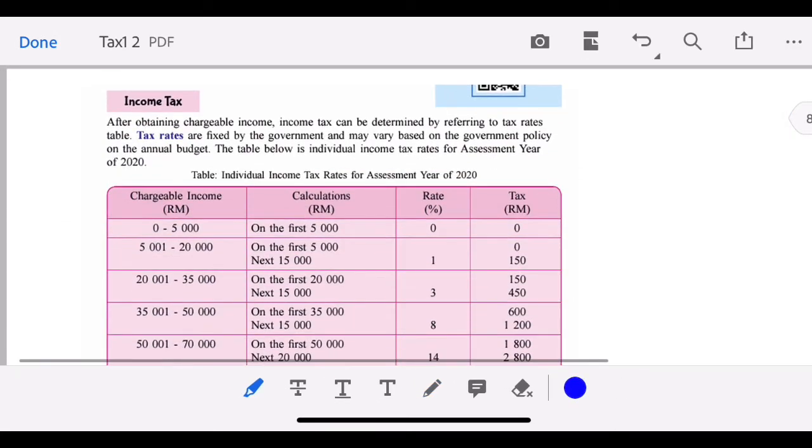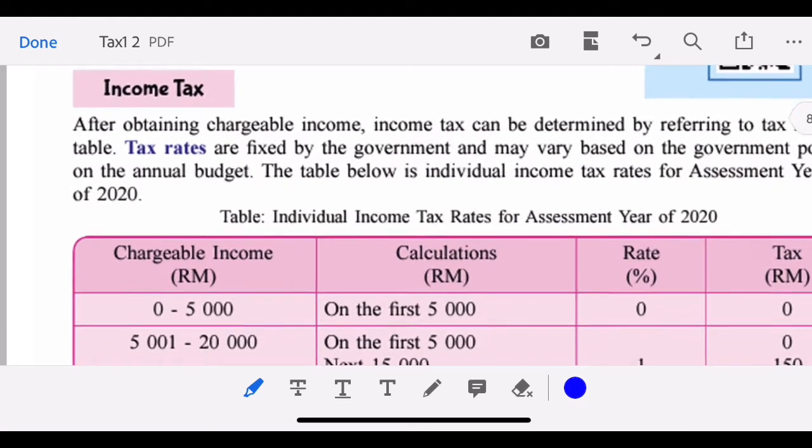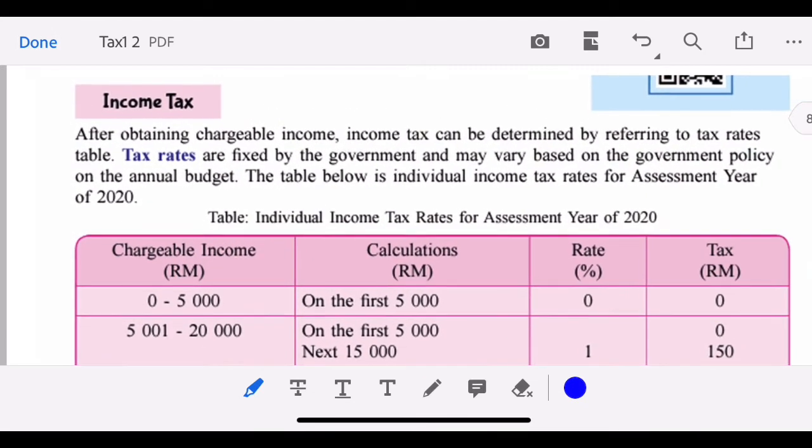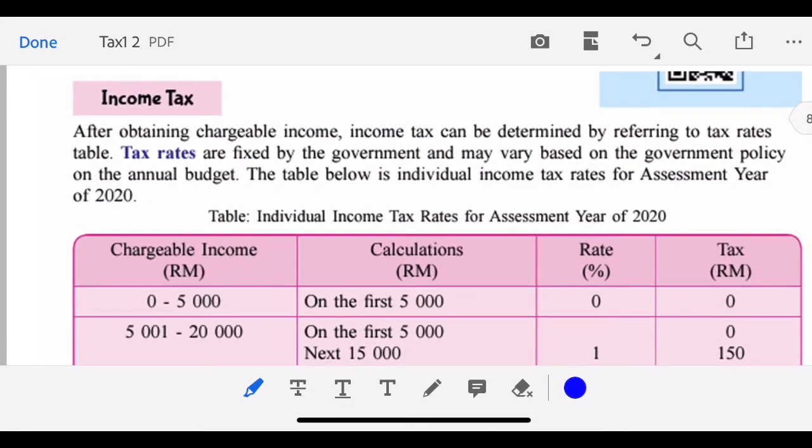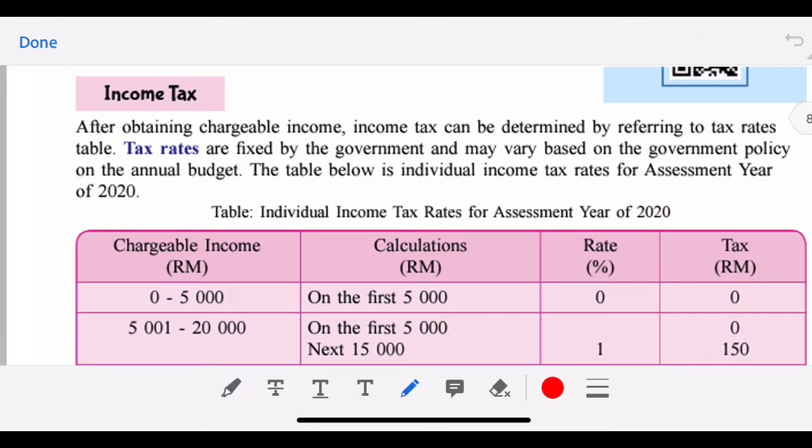Income tax. Let's see. After obtaining chargeable income, tax can be determined by referring to the tax rates table. Tax rates are fixed by the government and may vary based on the government policy on the annual budget.